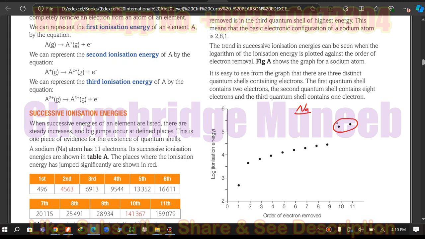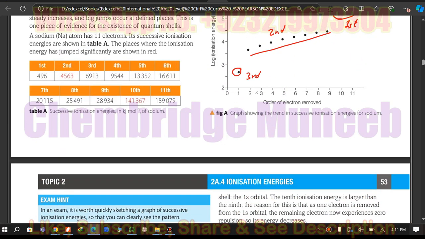First shell, inner shell. Yes, the first and inner shell, and this last electron represents the third shell. Very good. And these 8 electrons represent the second shell. Very good. Now let's move ahead.